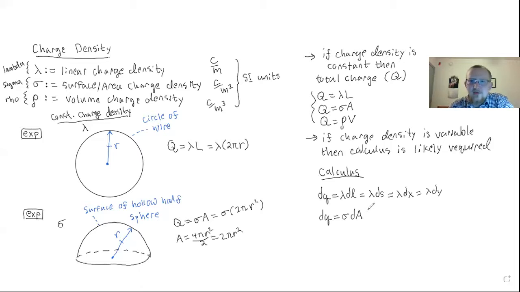There are probably other ways to write this one, but in this class, I think dA is going to be the way to do it. And for volume charges, we could find an infinitesimal amount of charge by taking the volume charge density and multiplying that by an infinitesimal bit of volume.